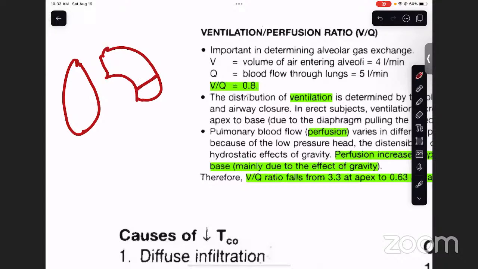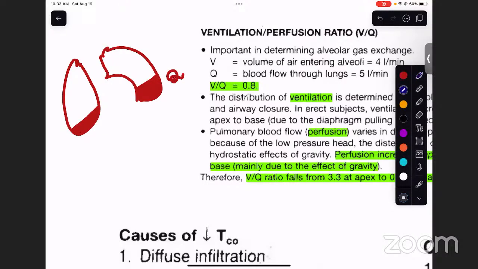Sorry, perfusion is more prominent in the lower lobe, because of the gravity effect, right? So there will be more perfusion in our lower lobe. For ventilation, it is more prominent in our upper lobe.